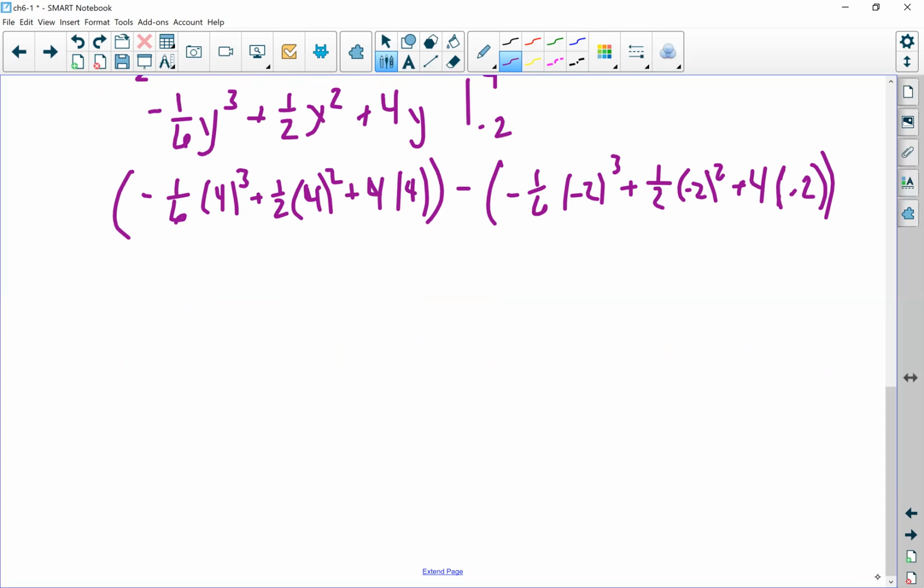One thing that I like to do when I have fractions is leave them until I'm done combining like terms and doing things like that. So 4 cubed is 64, so I'd have negative 64 over 6. Okay, here's the exception. I know 4 squared is 16 and half of 16 is 8. And 4 times 4 is 16.